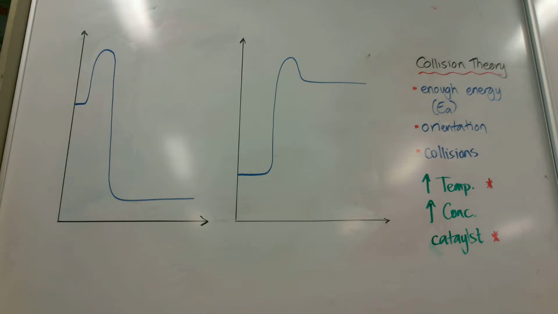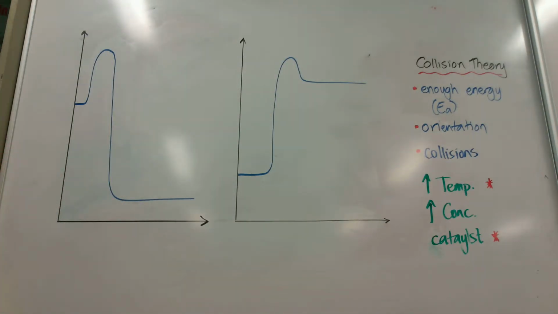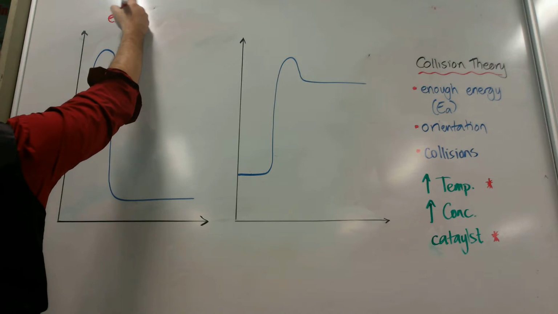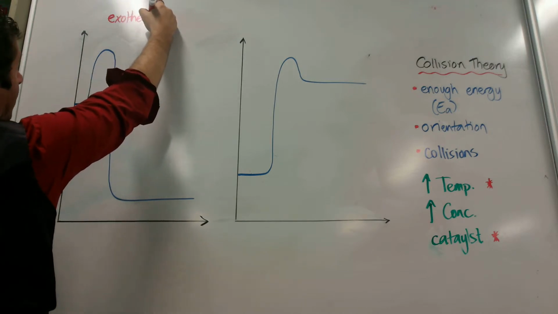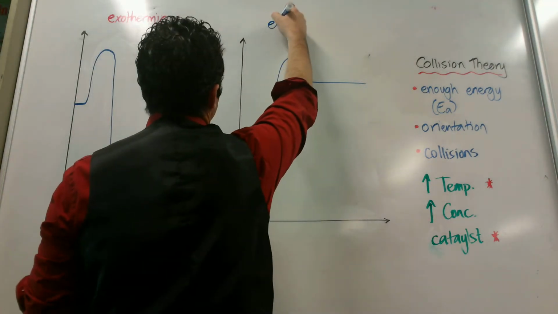Okay, so the first thing I want to know is what type of reaction or change is shown by the first graph. What's the first graph showing me? What type? Exothermic. Great, so this is exothermic. So we've got that nice skill of being able to recognise. Conversely, therefore, the other must be endothermic. Cool.